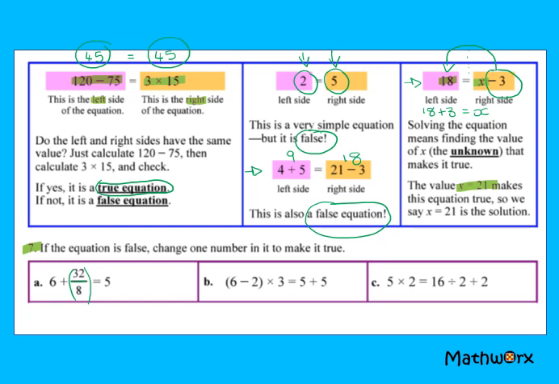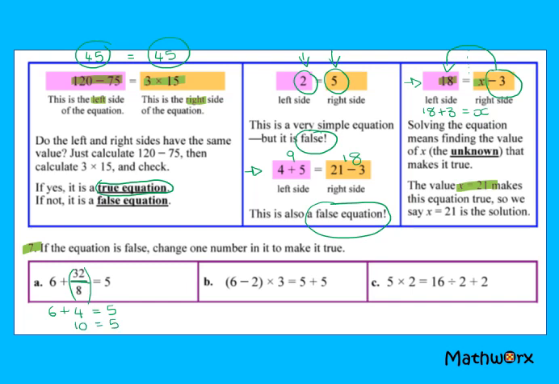Let's work this out. Okay, 6 stays where it is, plus we have 32 divided by 8, remember, because our fraction line here is actually divide, and 32 divided by 8 gives us 4. And 6 plus 4 gives us 10, and on the right-hand side we have 5.